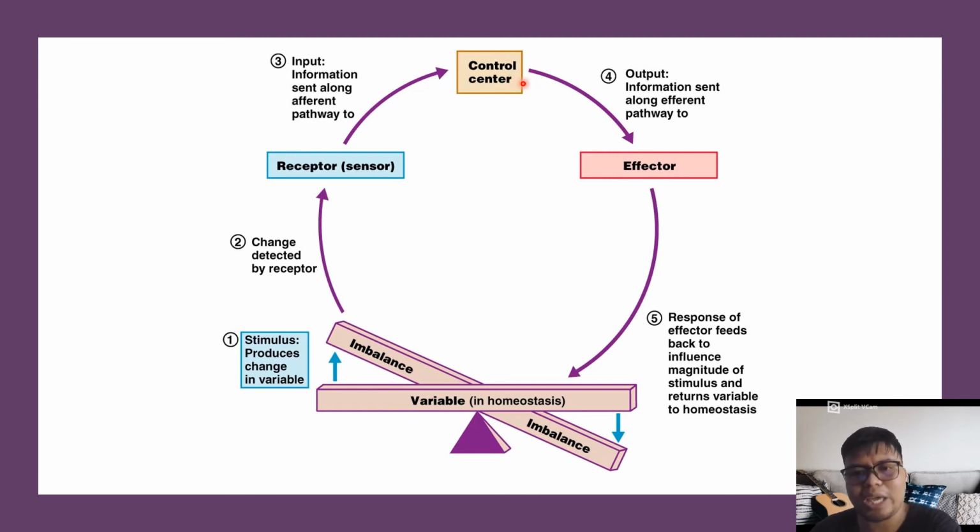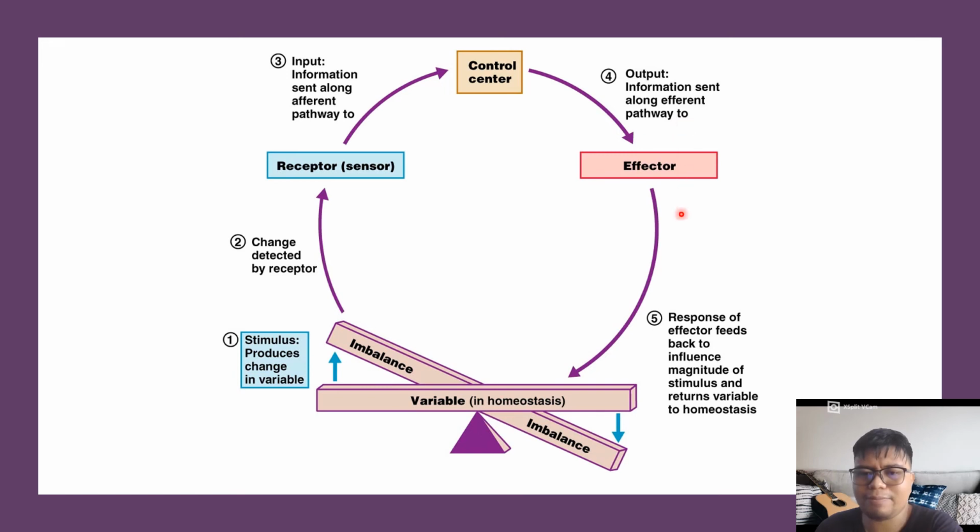The control center will pass along a message. In this case, we have the output. The information is sent along the efferent pathway. To put it simply, the central nervous system will fire messages to the peripheral nervous system, until those messages reach the effectors. Now, the effectors will implement the output.